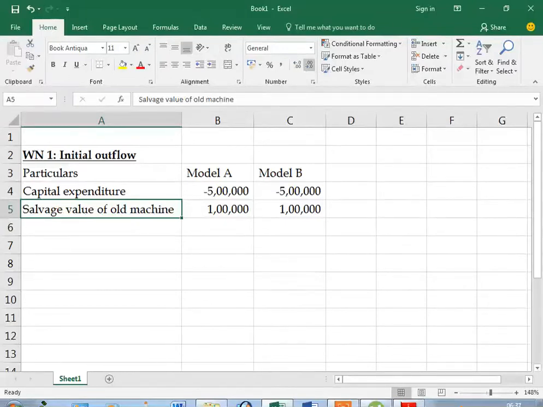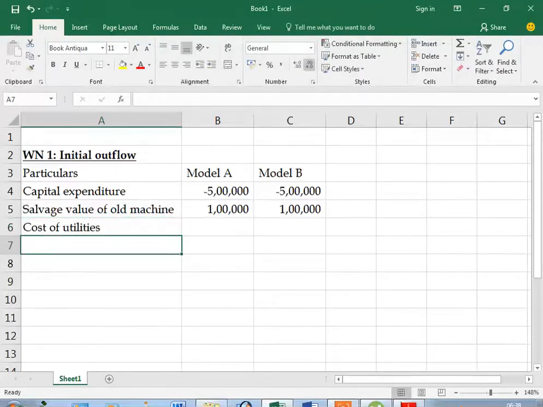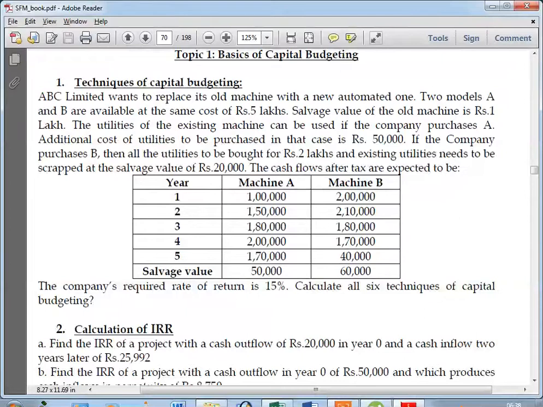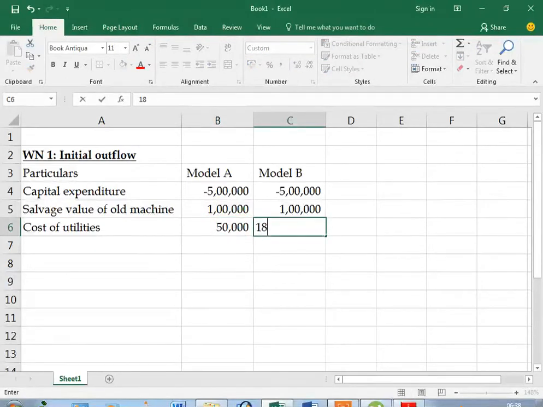Any other item of inflow or outflow apart from that on day 0? Cost of utilities. What have they given in the question? 50,000 for machine A, outflow. Machine B, 1 lakh 80 of outflow. How 1 lakh 80? 2 lakh minus 20,000.